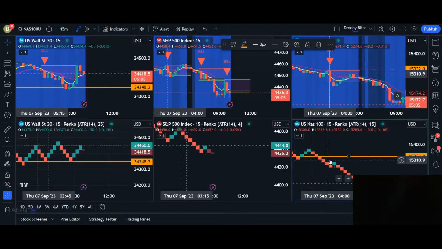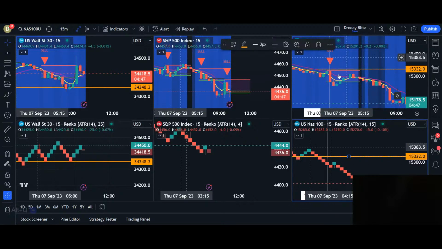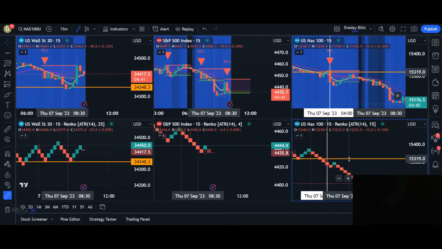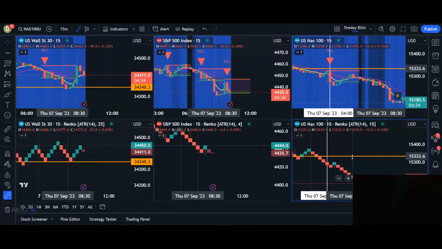The trade came in on that Renko bar, so I usually put it two Renko bars before the Renko bar that the signal came on. So two Renko bars give you that price. Or if you see that putting it on the previous Renko bar is too tight and you want some breathing room, put it two Renko bars before.